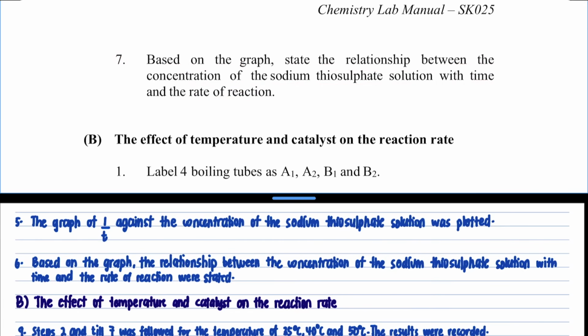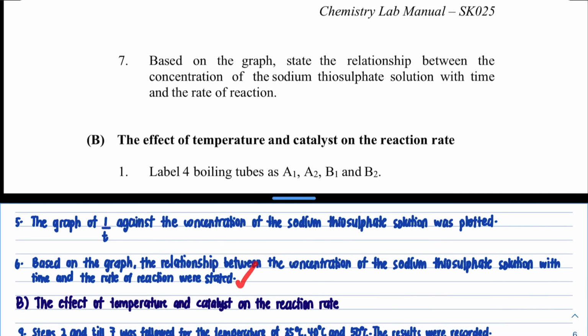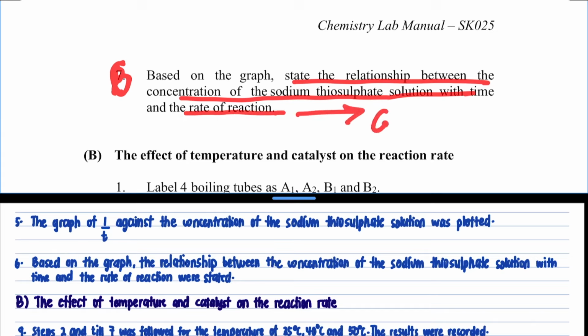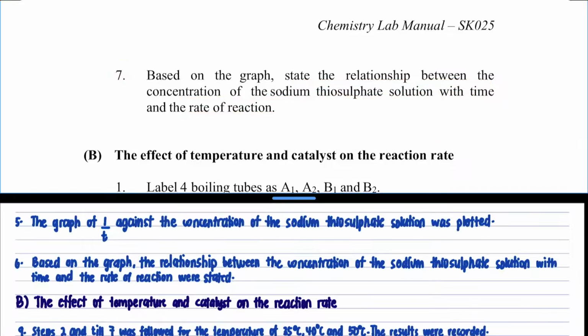So again, I have changed it into a passive sentence, so you're just going to write down this one. For number 6 here, state the relationship between the concentration of the sodium thiosulfate with time and the rate of reaction. Actually, we're going to answer in our conclusion itself. So you're just going to write down all the information. So that is for part A.